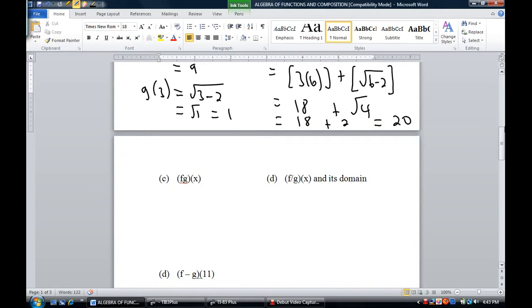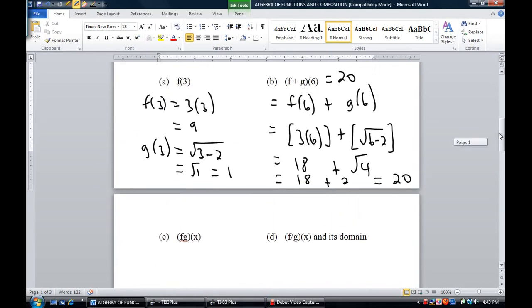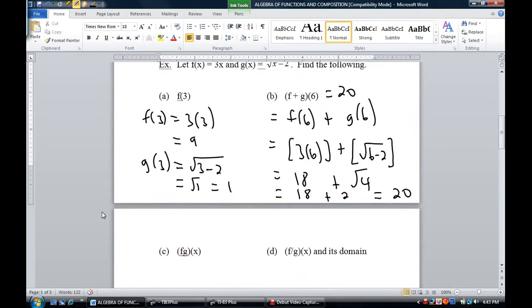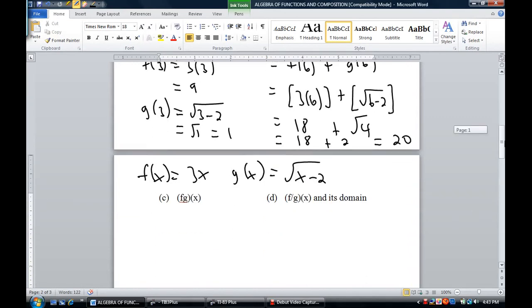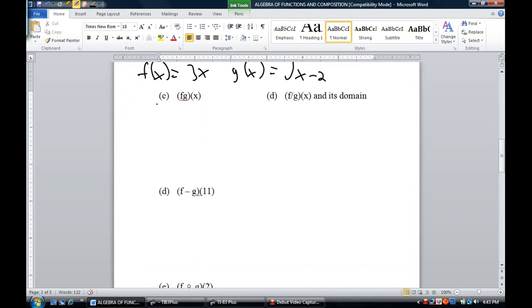Now we're going to do a couple more examples, and this time we're going to use x. Remember, we're using the same two functions. I'm going to write them down here so I won't lose them. So this fg is the same as f times g. That means we're going to find f of x times g of x.